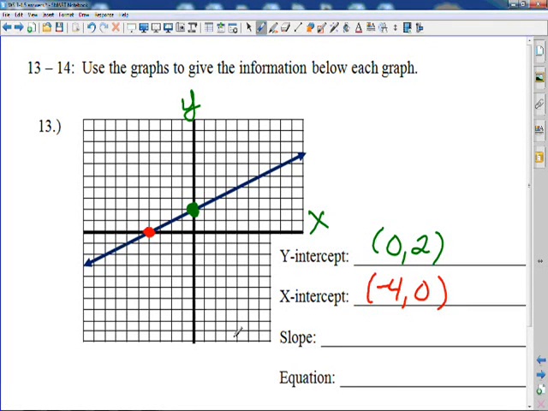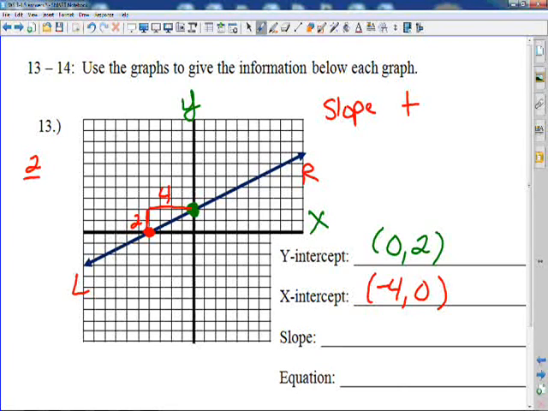Now, to be able to find the slope, the line is increasing from left to right. The line is going up, so I know my slope is going to be positive. Now, you can do this a couple ways. You can start at the y-intercept and figure out which way to go, but a lot of times it's easier if you have the x and the y-intercept, and you start here at the x, and you go up 2 and over to the y-intercept, which is 4.